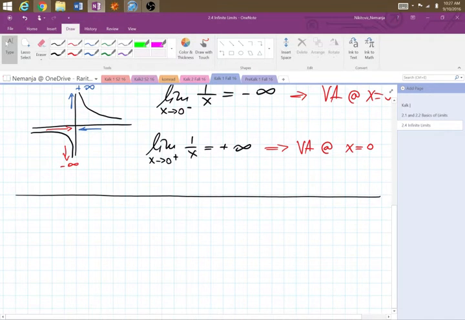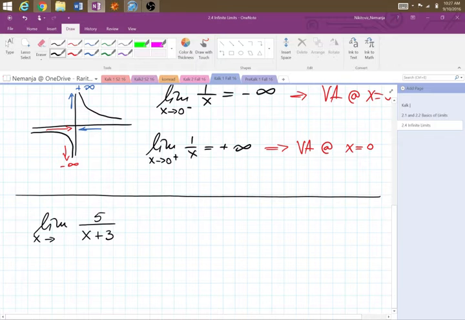So next example would be if this is a shifted function. Now, we also have to think a little bit. So let's take a look at, say, 5 over x plus 3. So it's a little bit shifted. And what should I approach?